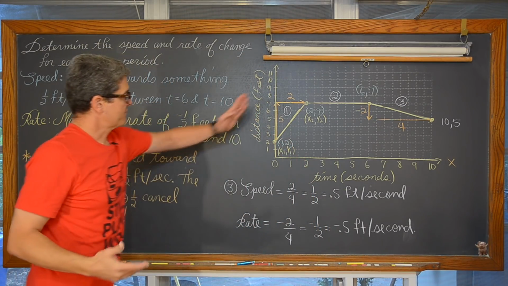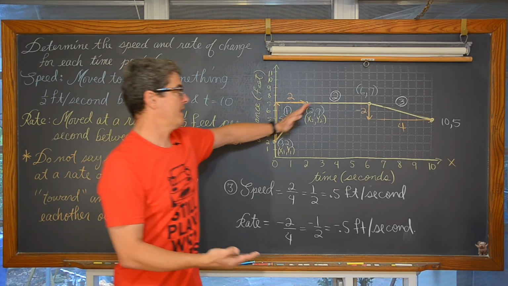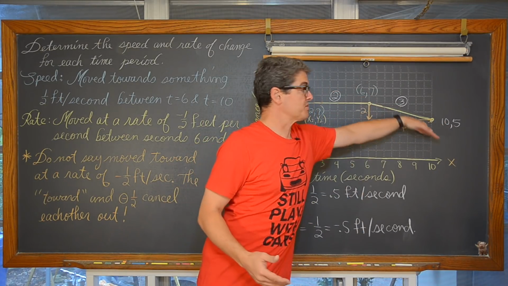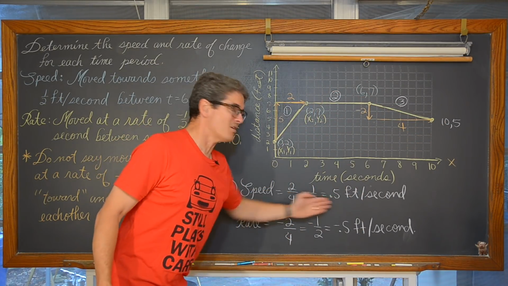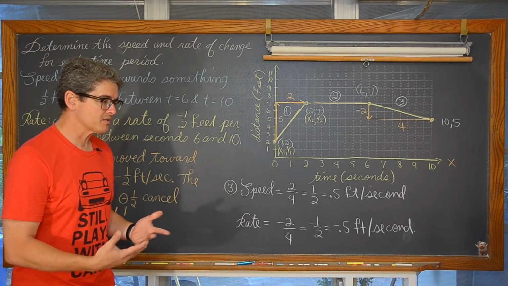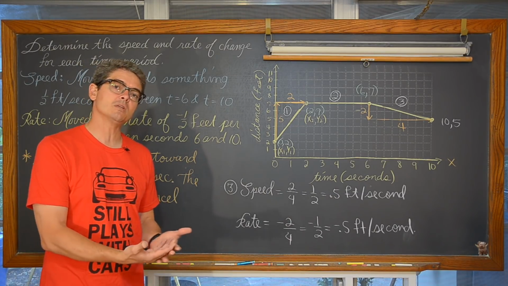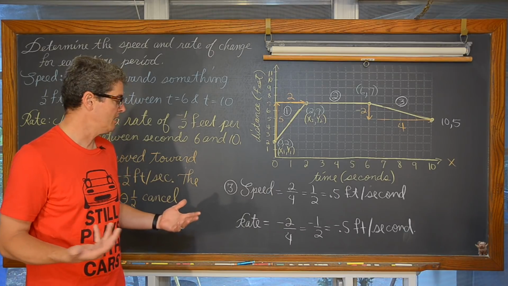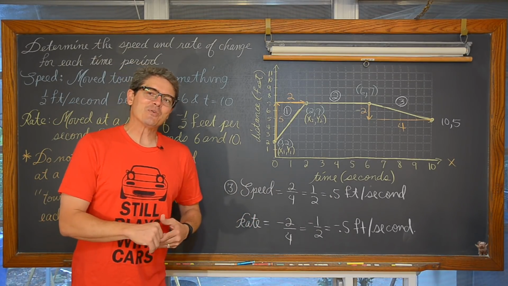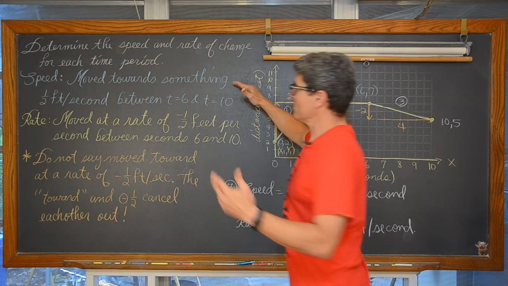The speed for segment 1 was a positive 2.5, and the speed for segment 3, which is that negative slope, getting closer instead of farther, well, the speed is still positive. So the speed of an object can legitimately be confusing because it doesn't tell you what direction you're going in, like the rate of change, or when you learn that vocabulary of velocity will do for you. So we're moving towards something.